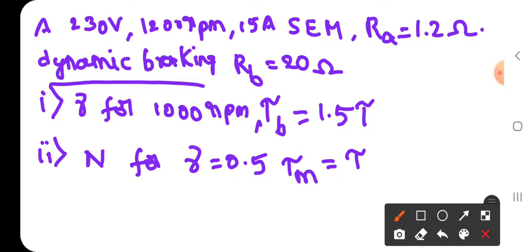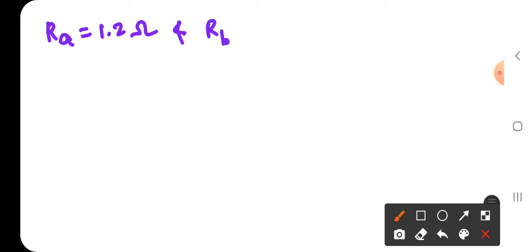Now let us solve the problem. The first one: he has given braking resistance and armature resistance. Ra is equal to 1.2 ohms and Rb is equal to 20 ohms.